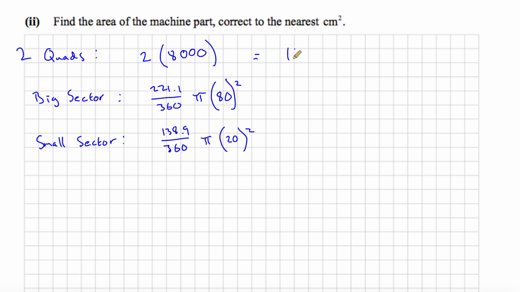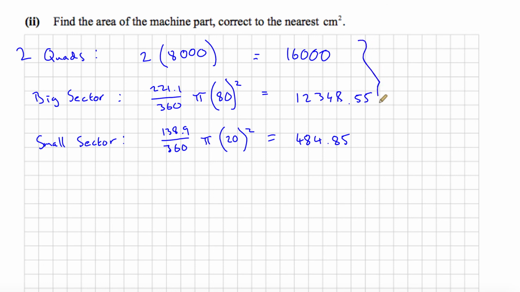So 2 8,000s, that's 16,000. This one here, when I put this into my calculator, gives me 8.55. And this one down here on my calculator gives me 484.85.